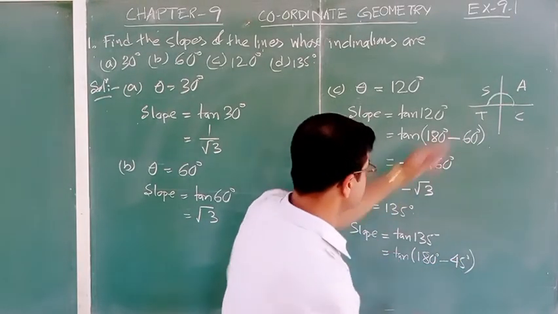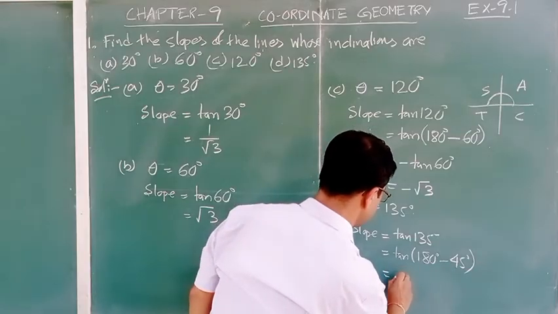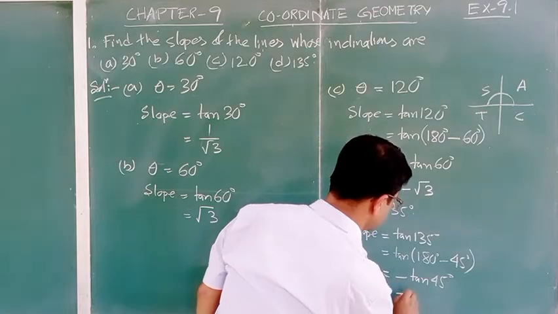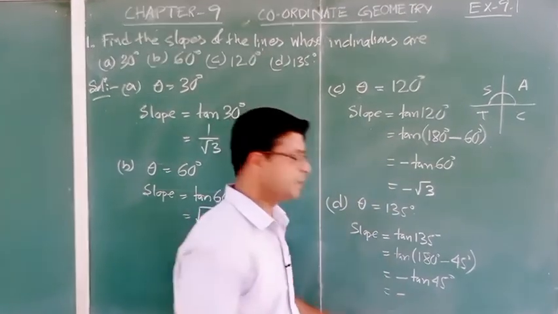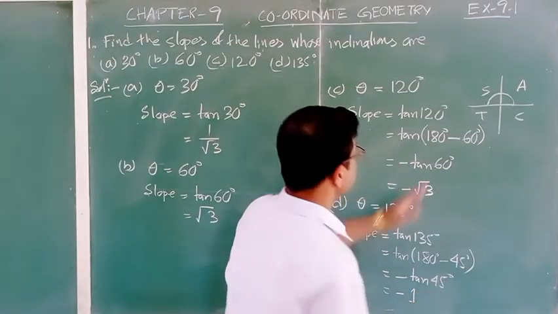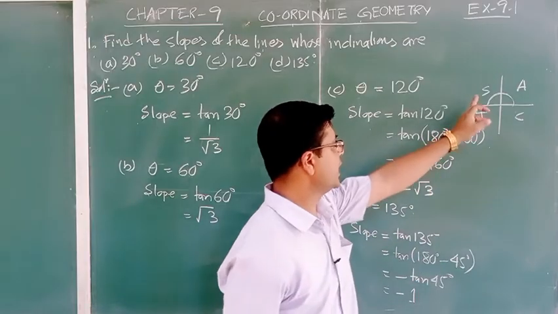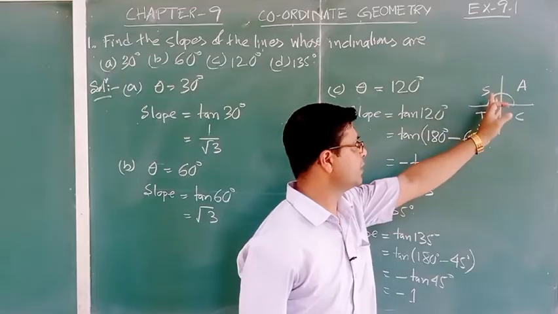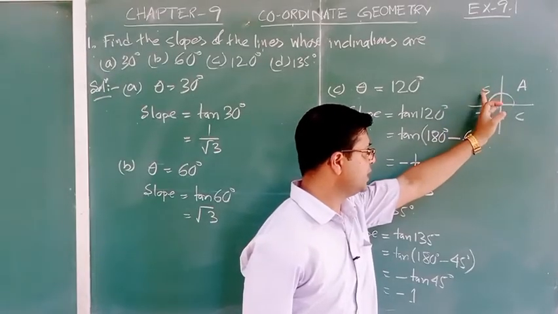So again in the second quadrant it will be minus tan 45 degrees. Now minus tan 45 is how much? 1. Okay, you see this one and this one, the angles 120 and 135 lie in the second quadrant. In the second quadrant tan is negative, that's why.